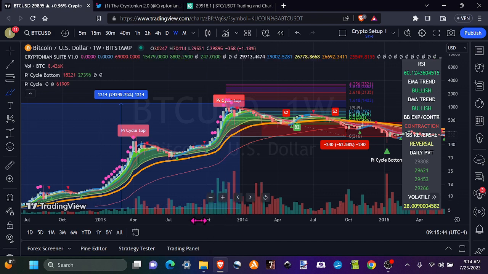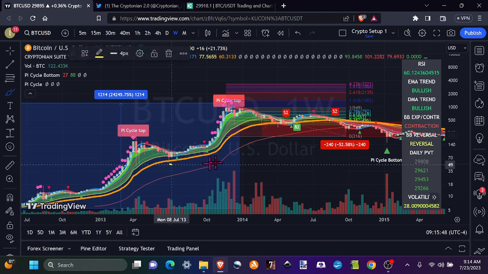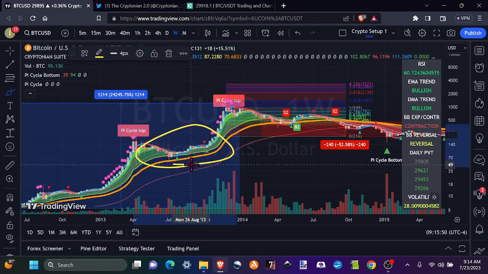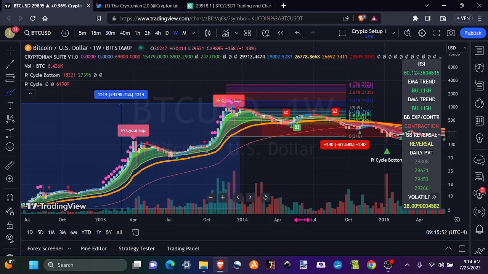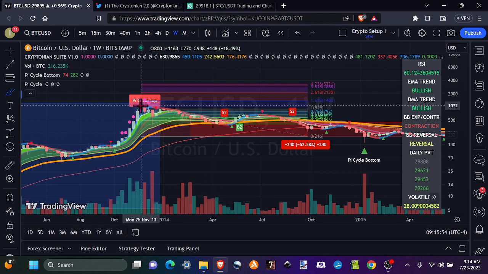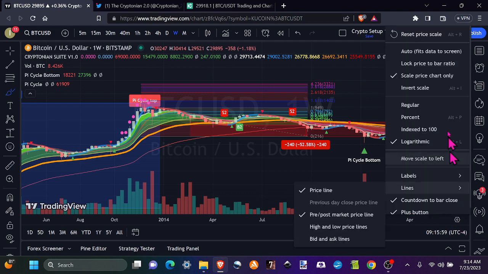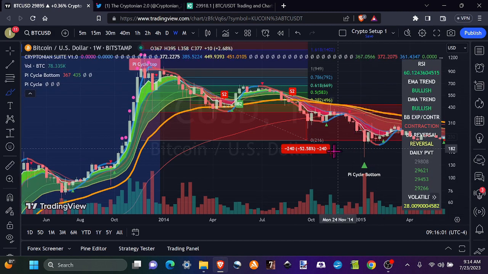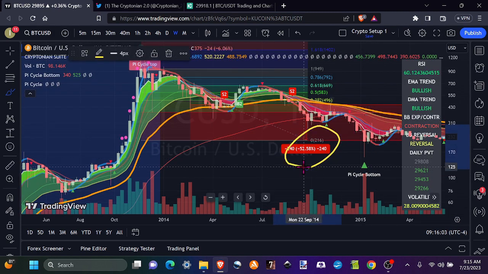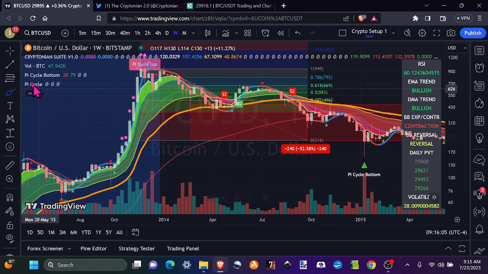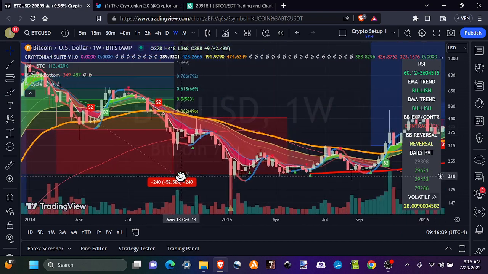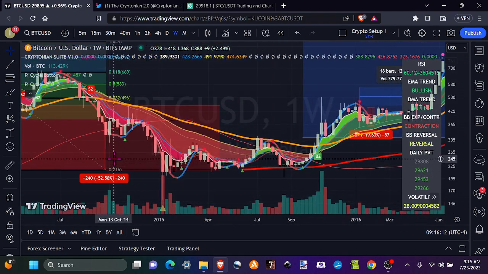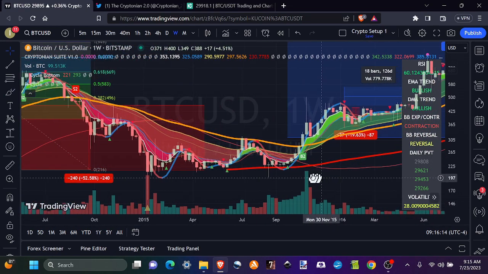I mean, this was several months, so it doesn't seem that long unless you're waiting during this time period, right? So anyway, then we had the pi cycle top, and then we dipped about here. It says 52%, right? We came down, we saw a bottom, and that bottom was a 52% loss or correction from there, right?